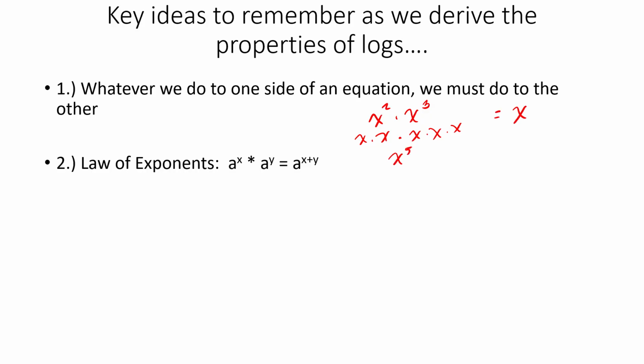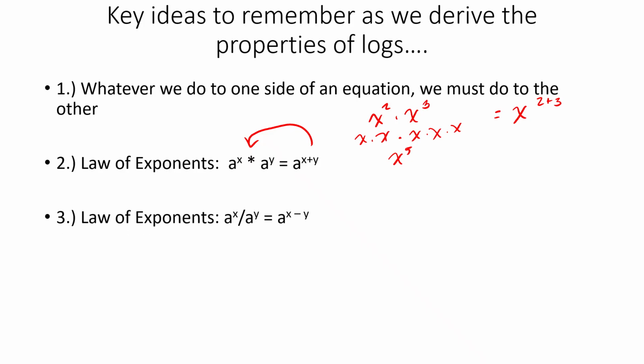And so that is really x to the 2 plus 3. Now, in this particular lesson, we're going to be using that in the other direction. So we're going to have things that are added together, and we're going to split it up. So we're going to be starting like that and rewriting it like we have it on the left there. That's the property we're going to use.